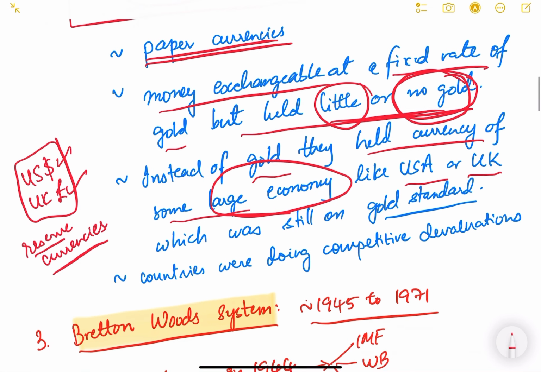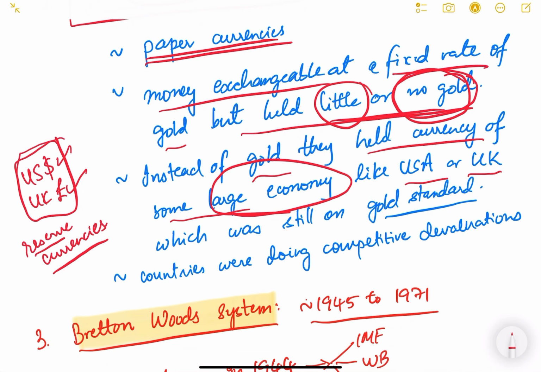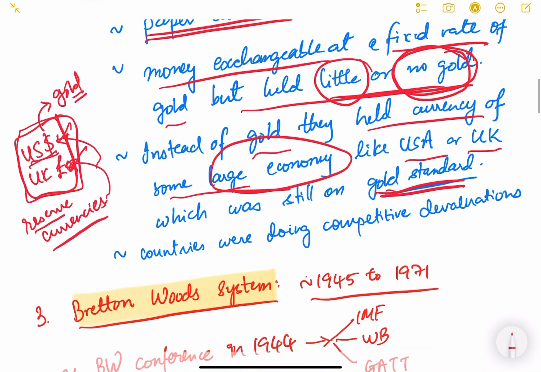And these countries were still on the gold standard. Okay, so they were still following the gold standard. That is, the value of their currency was still in terms of gold, some units of gold. So other countries used to depend on the value of these bigger economies' currencies like the US dollar and UK pound.